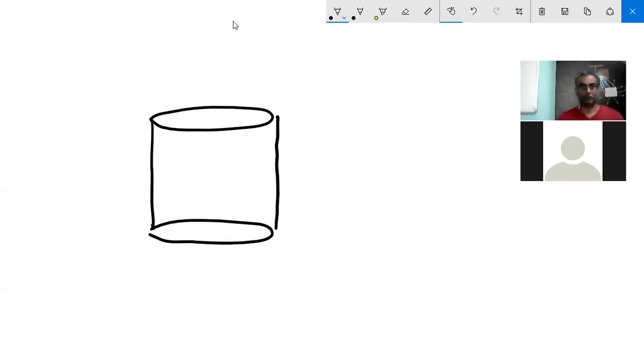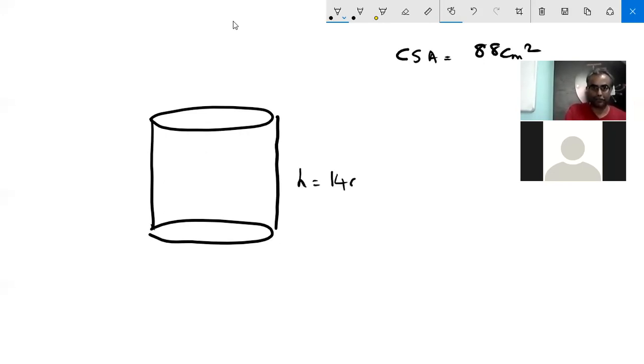Now we have the cylinder. It says the CSA is equal to 88 centimeters square. Height is 14 centimeters. This is given. What is asked to find out? The diameter.